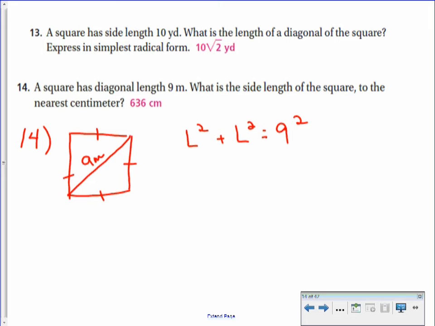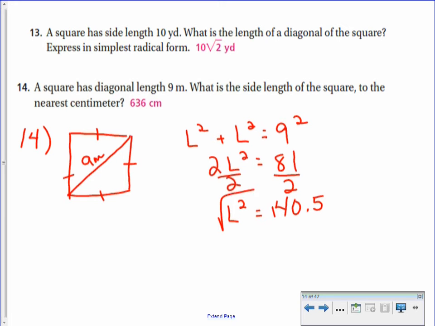And we need to put these two together, so we get what? 2L squared equal 81. Divided by 2 gives us 40 and a half.